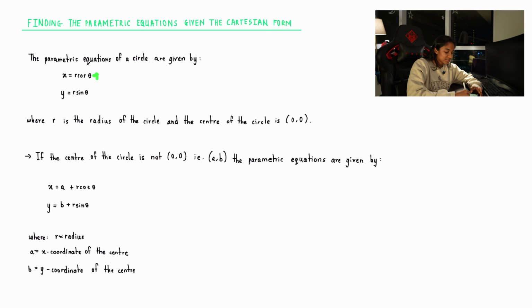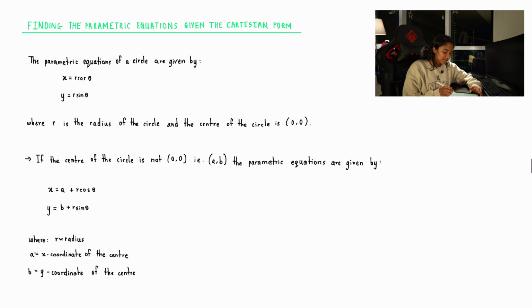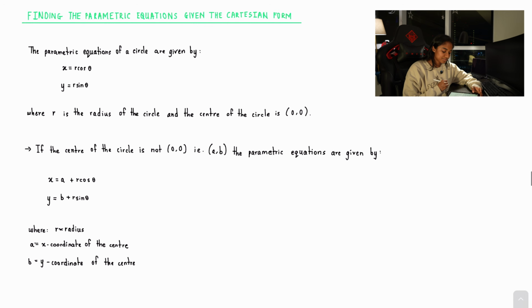So we have plus a here and plus b here instead of just it alone if the center was the origin 0, 0. Where r is equal to the radius, a is equal to the x coordinate of the center, and b is the y coordinate of the center.